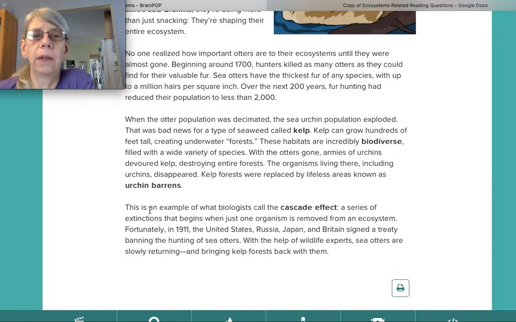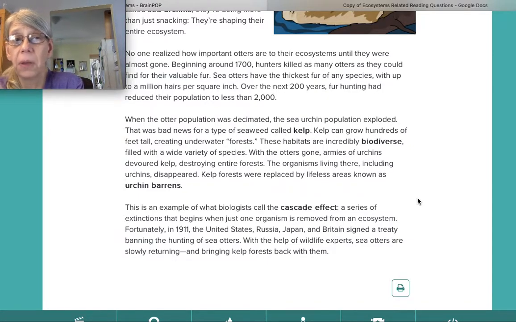This is an example of what biologists call the cascade effect, a series of extinctions that begins when just one organism is removed from an ecosystem. That's how delicate the balance of nature is. We eliminate one species and everything could end up dying off, and that's what extinction is. Dead, there aren't any more.